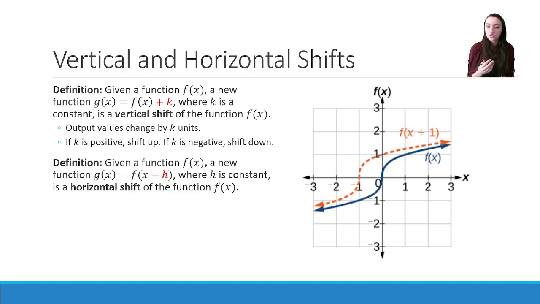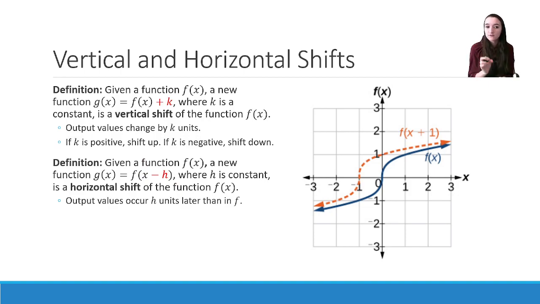Given a function f of x, a new function g of x, which is equal to f of x minus h, notice that this is all within f. We are plugging x minus h inside of f. So we're replacing x with x minus h instead of just tacking this k on at the end the way we did for the vertical shift.